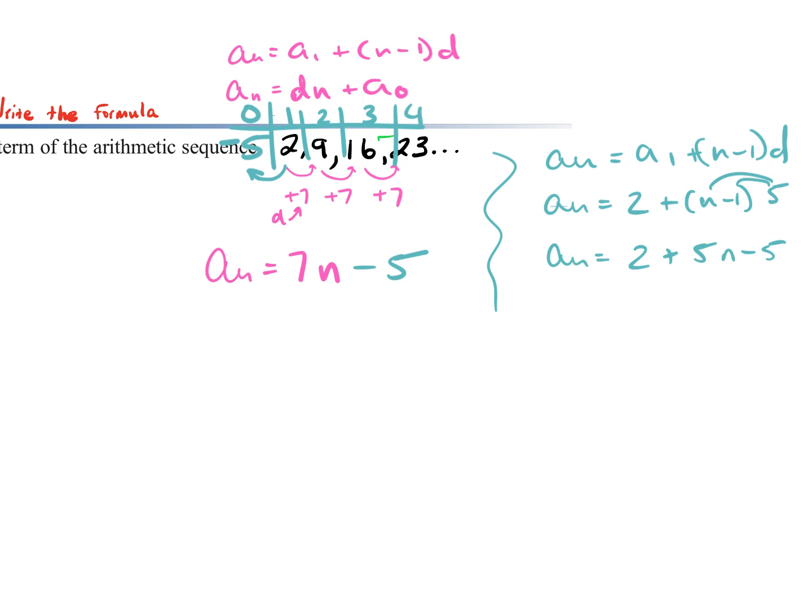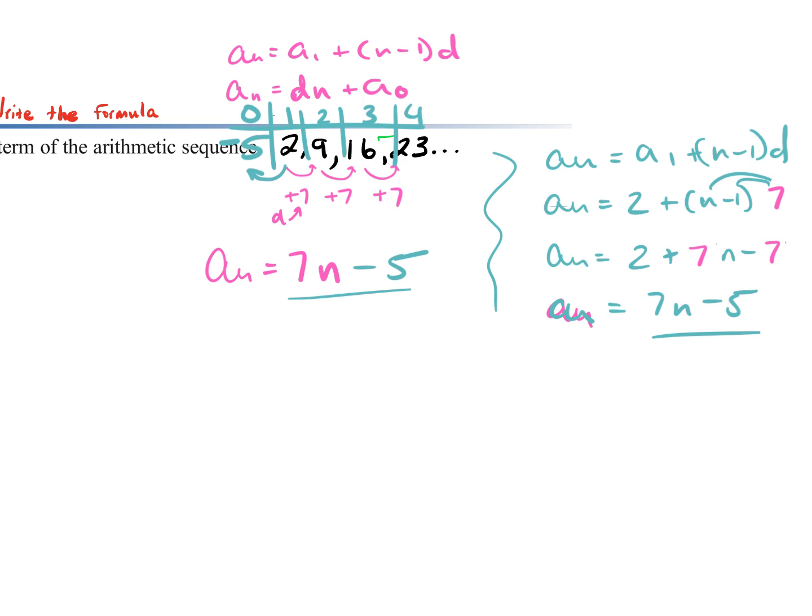Why is this not ending up the same? D was 7 here. So when we distribute 7, we get 7n minus 7. So A sub n is equal to 7n minus 5. We end up with the same thing. So you could do it either way. If you're not comfortable finding the 0th term, plug it into your formula and simplify.